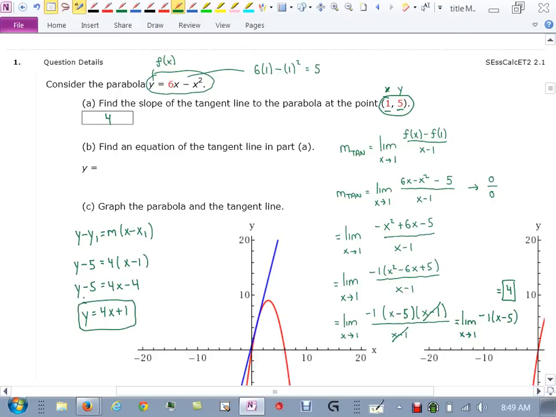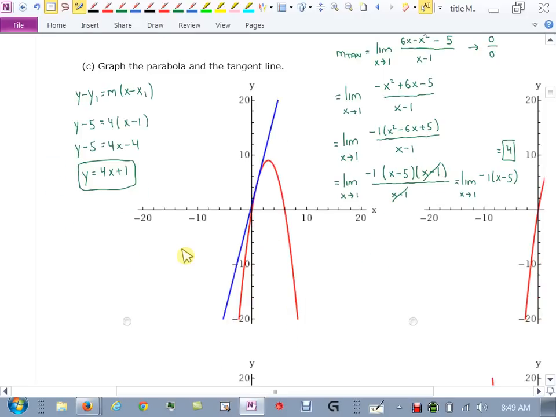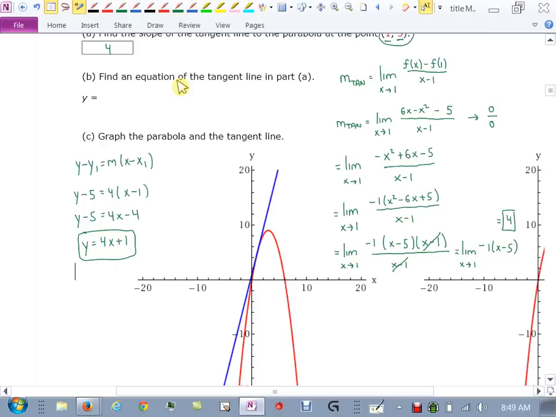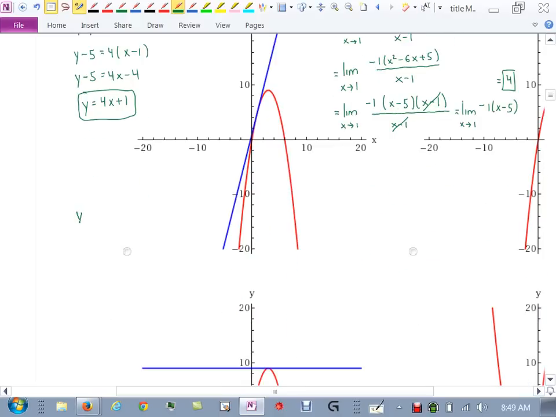Now, for part C, we want to graph the parabola and the tangent line. So for graphing the parabola, y equals 6x minus x squared. One way you could do this, you could find the x-intercepts first, so you could set it equal to 0.